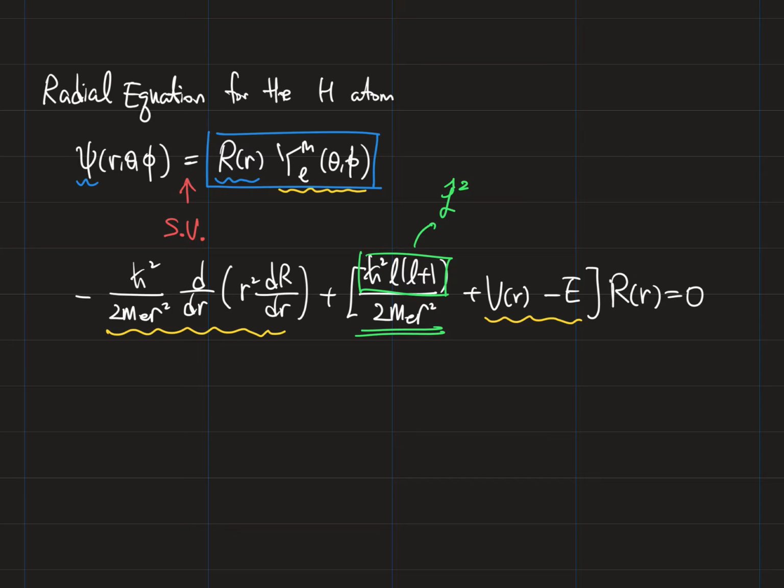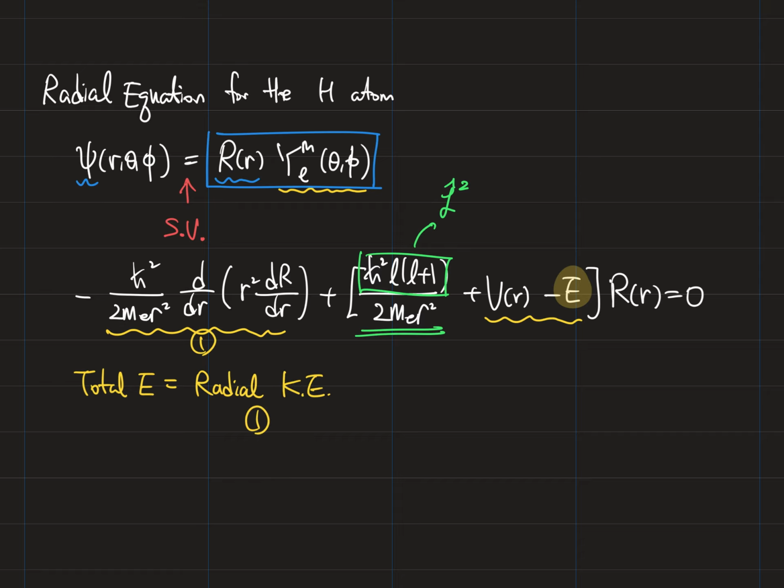And from this relation, you may realize that the total energy E consists of three terms. The first term is the radial kinetic energy.